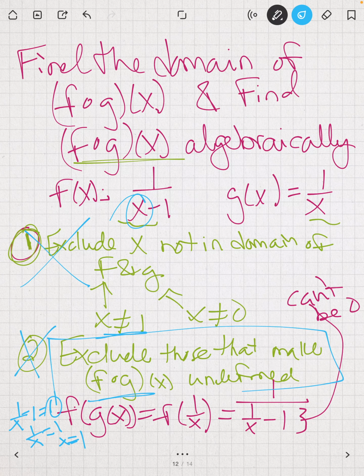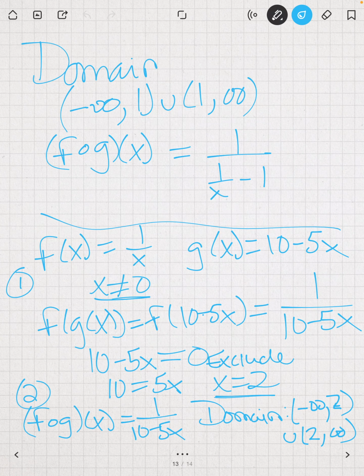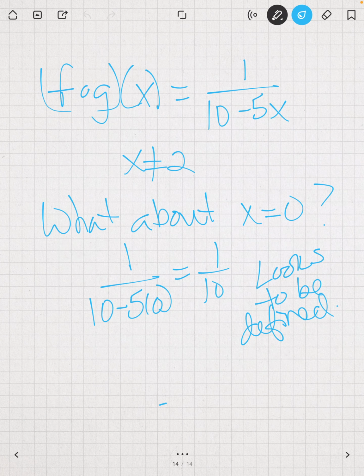We only exclude those where the final version is undefined, because we only care about those x values of g that make that undefined. And if we would put, say, a 2 here, we end up with 0. It's not defined.